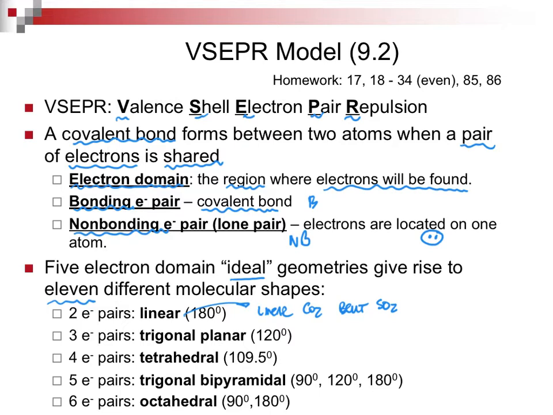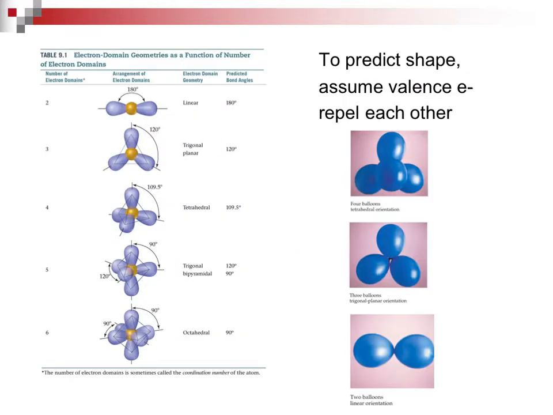I call them the mother geometries on the first slide. So this is just another picture. Spend some time and look at what these shapes look like. Notice what they call the number of electron domains, and this again is ideal. 2 electron domains, because we're going to be sharing an electron in this orbital and an electron in that orbital, and that ideal will give rise to a linear.